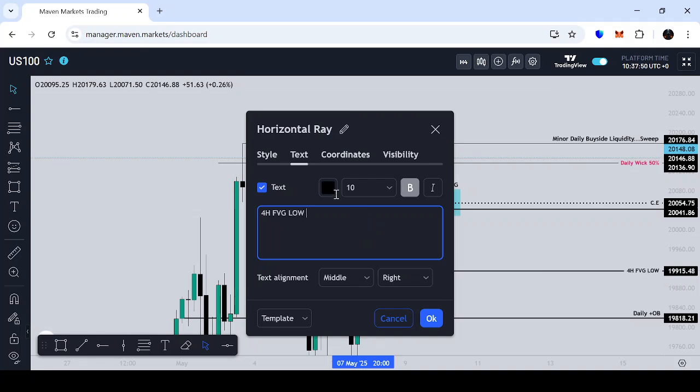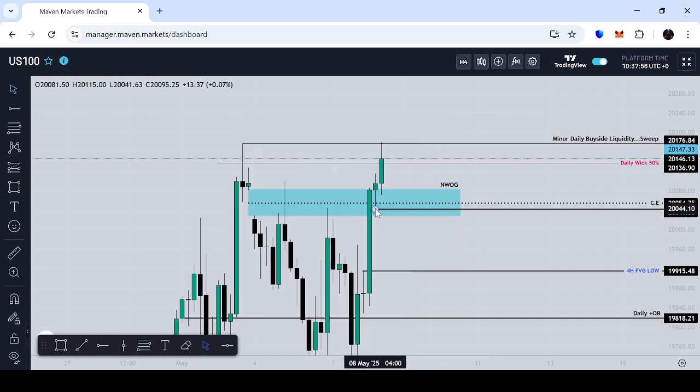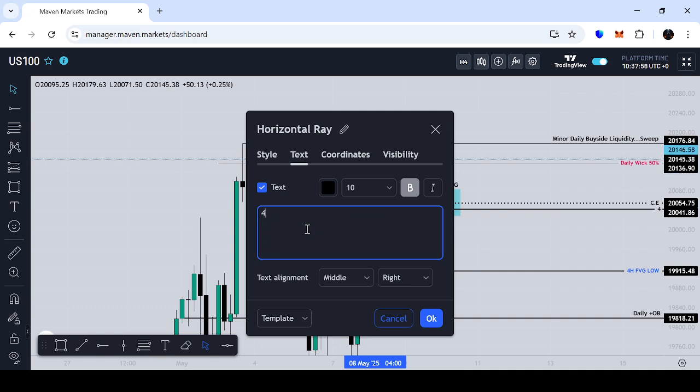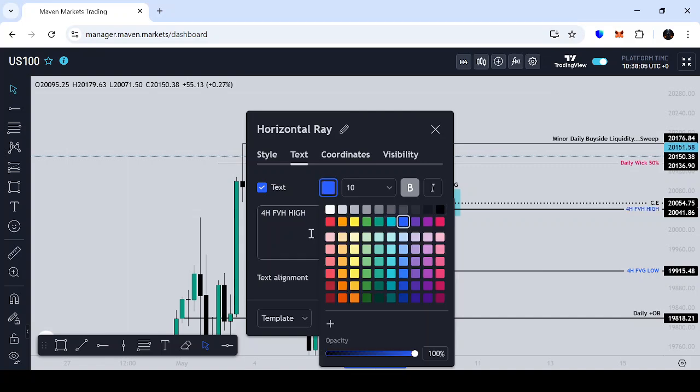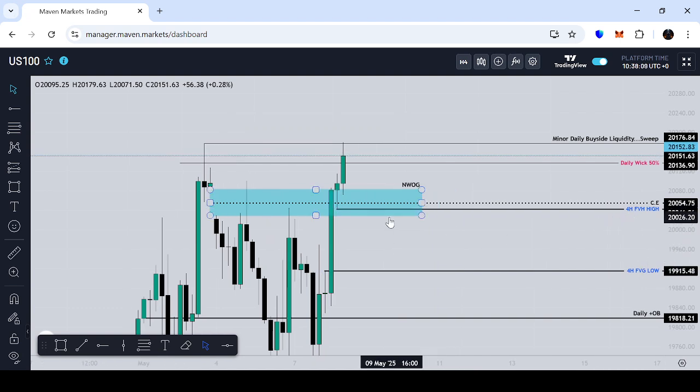Low, 4 hour fair value gap. That's the high over there. That's the high and the low between that rejection block candle there being the weak low, that created the 4 hour fair value gap because we are in 4 hour time frame. And here is the high.